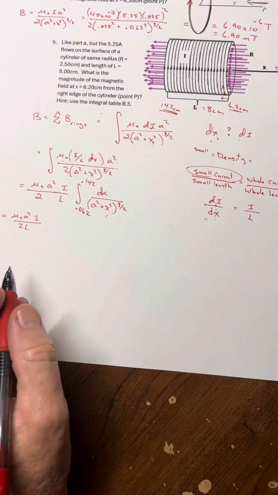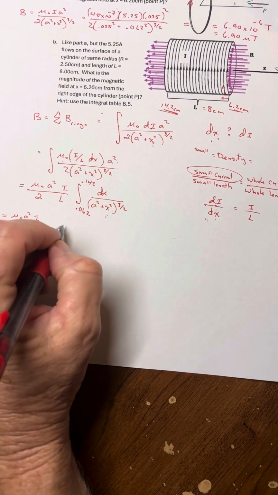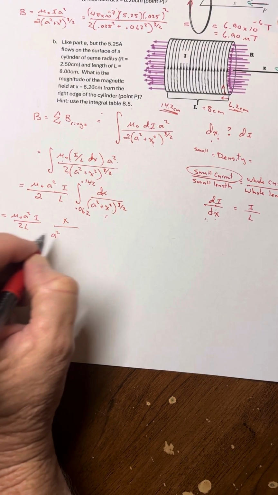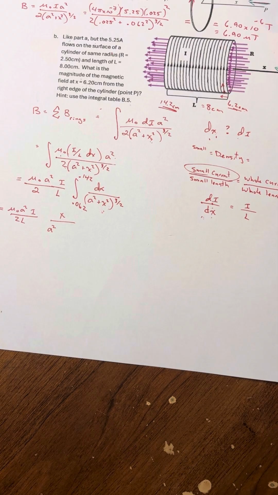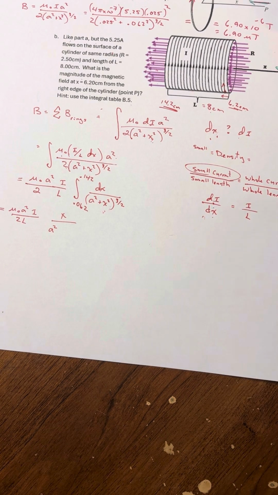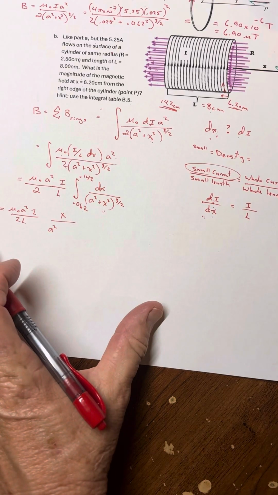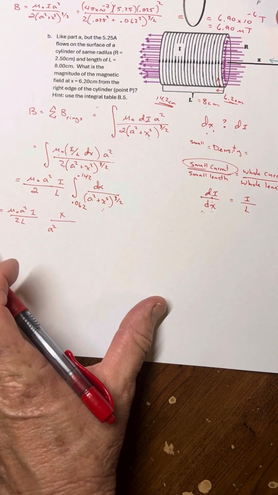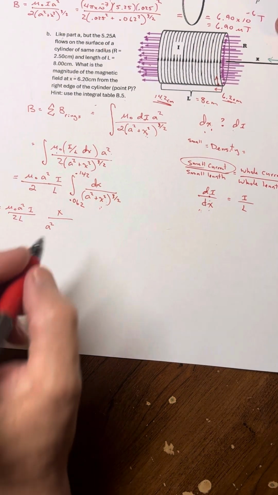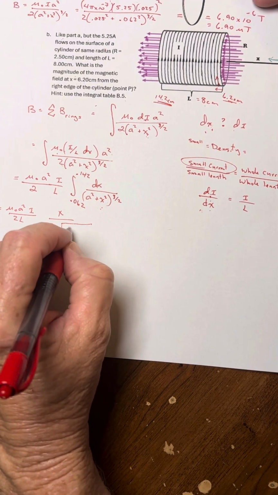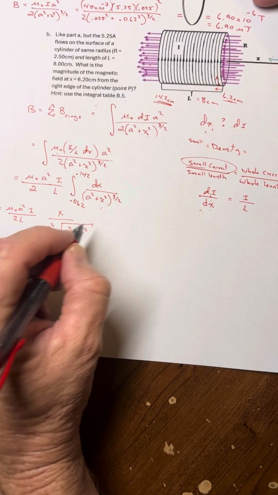Okay, so this should be x over a squared. Actually, let me just double check. Is that the same thing? Something's bothering me about it. Oh, I guess these are ordered switched, but that wouldn't matter because it's addition, so it's commutative. Okay, and I have the square root of x squared plus a squared.